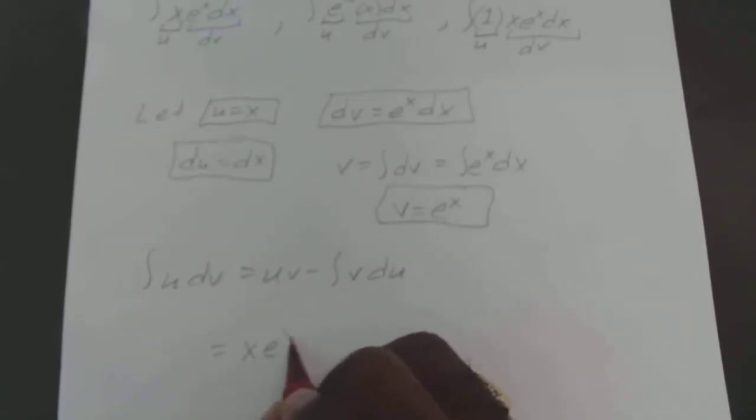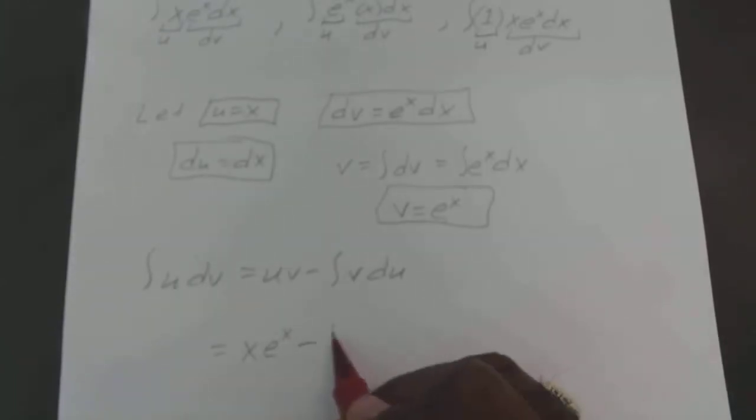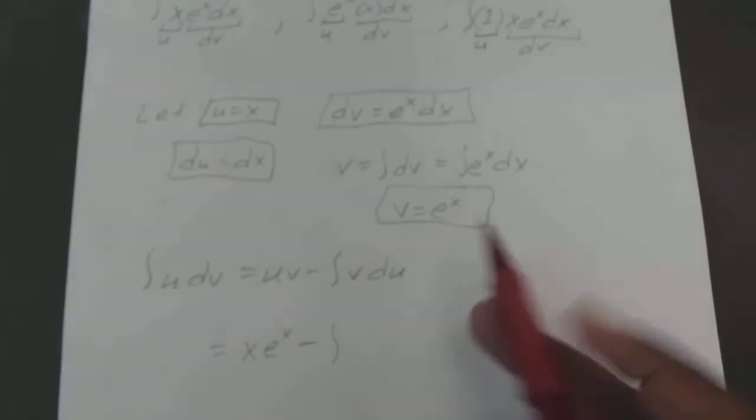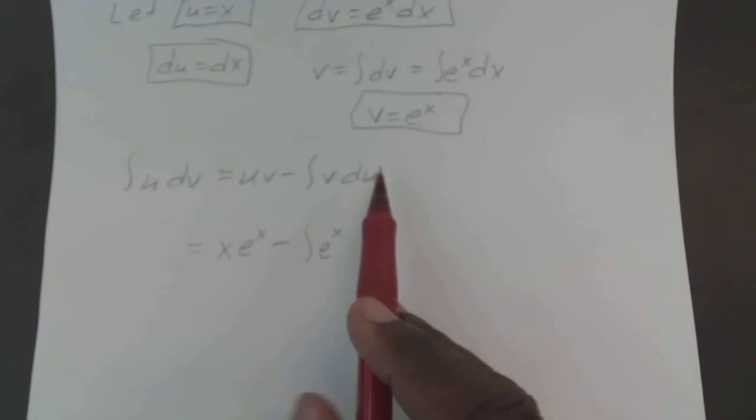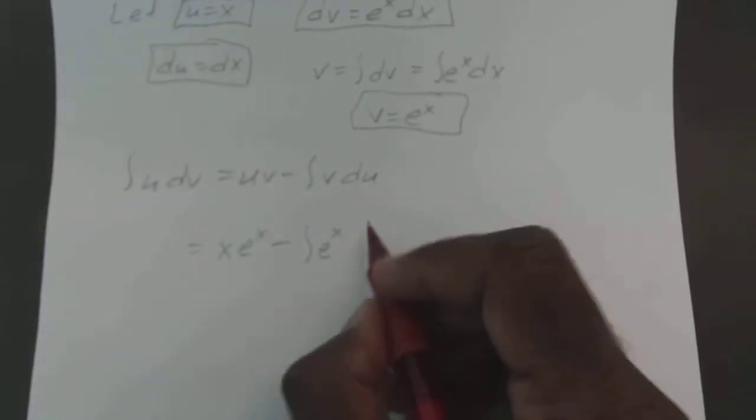So that's going to equal uv, so x e to the x, minus the integral of v, which is e to the x, du, which is dx. Pretty much everything on the right of that equal sign, you're just going to start replacing.